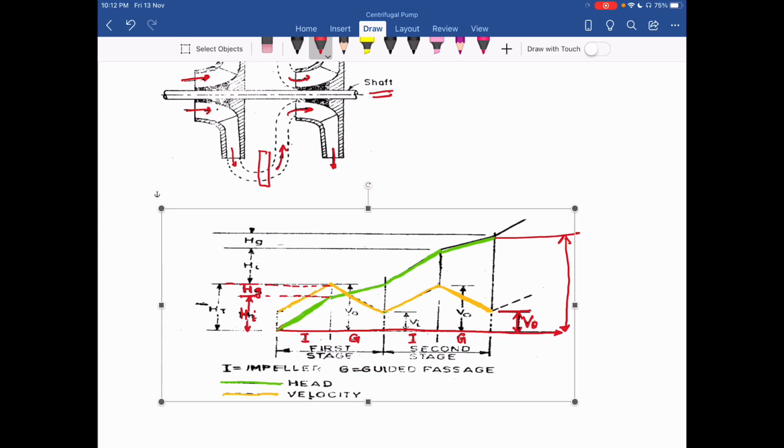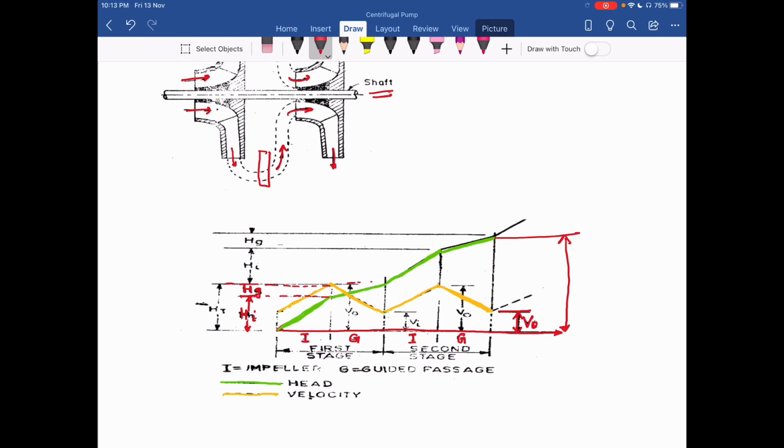Okay, this is up to here. Okay, so this is my one stage. This is my one stage, and this is my head generated in one stage.